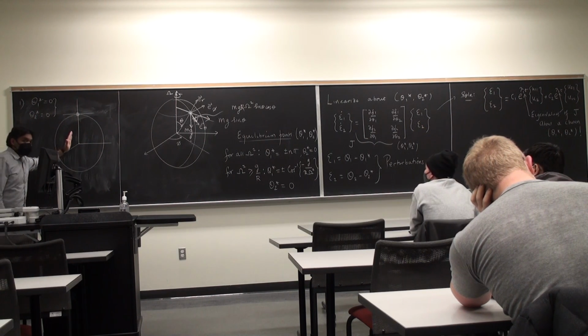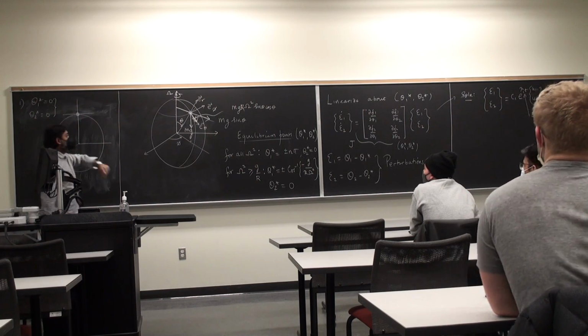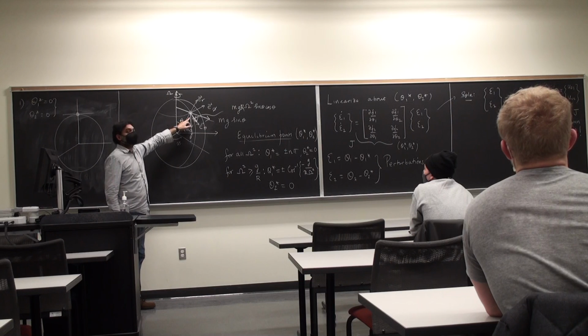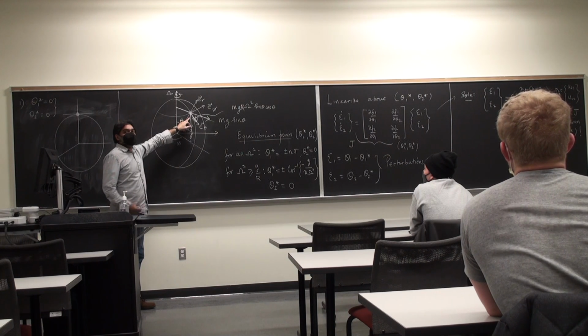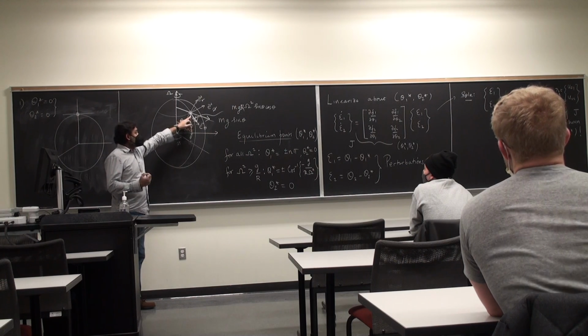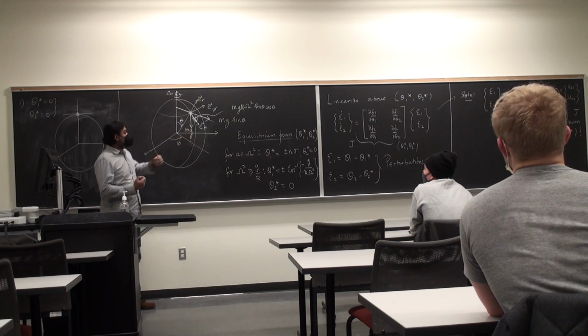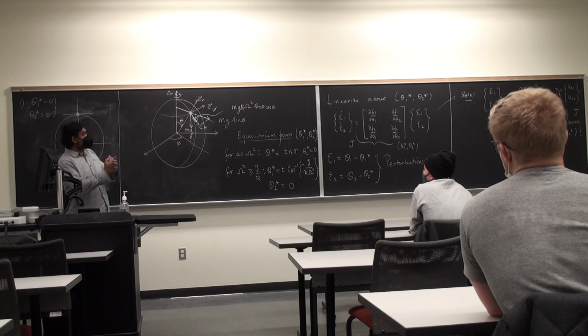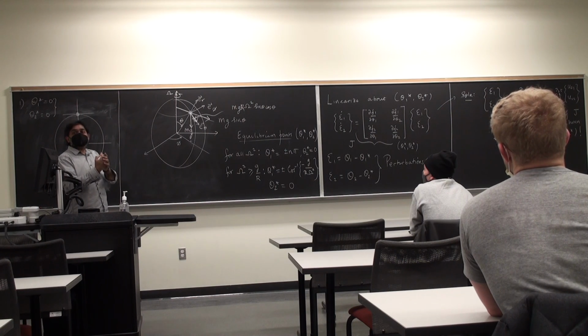But the moment the bead is disturbed from that particular position, you end up with a situation that looks like this. And in a situation that looks like this, you see that the centrifugal force, which is pointing along the E theta direction, and the component of the gravity force that's pointing along the E theta, they're not cancelling each other off.